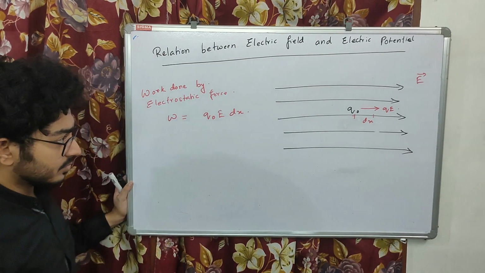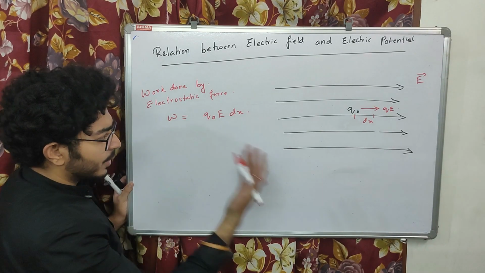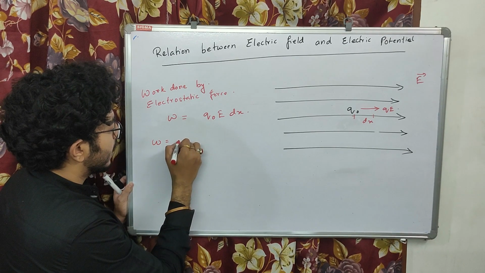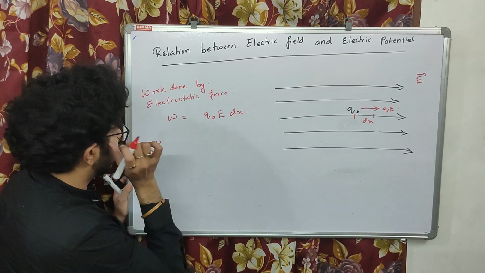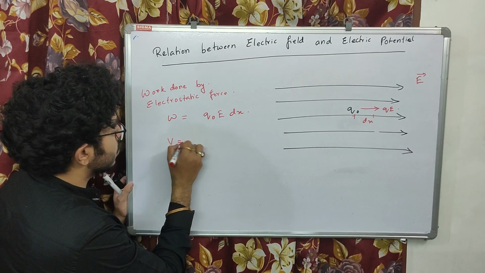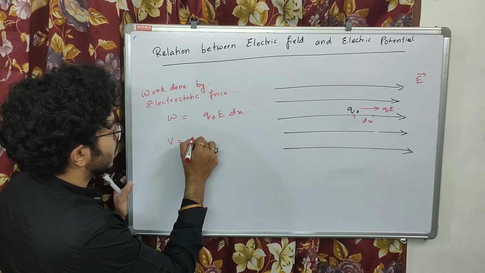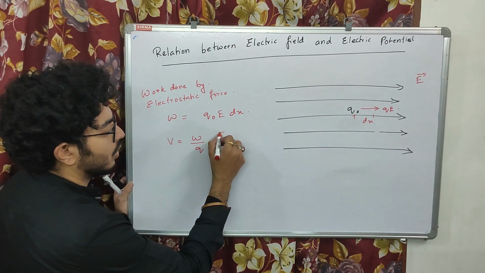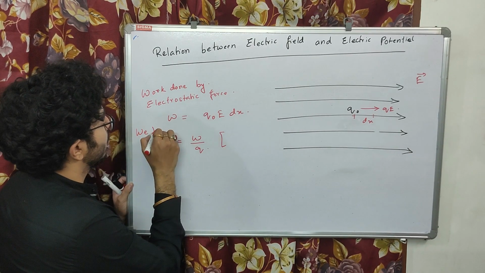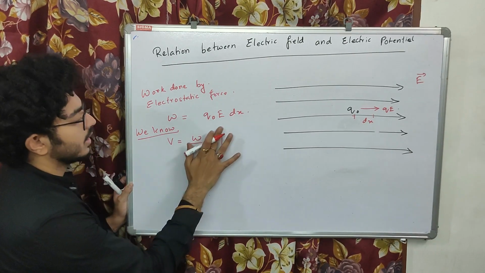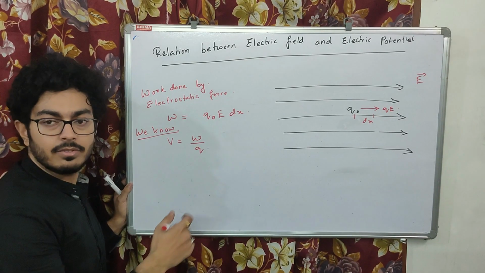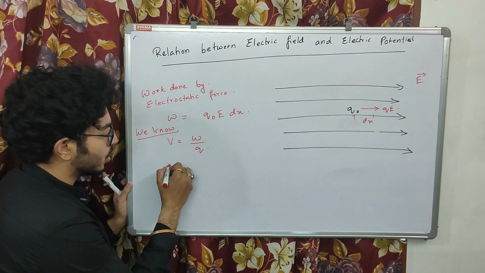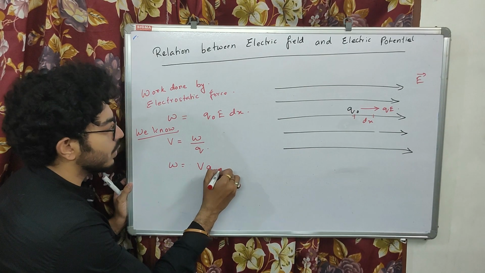Now again, from the potential we know a formula: V is equal to W by Q. Just in the previous class I explained that V is equal to W by Q, so W can be written as VQ.